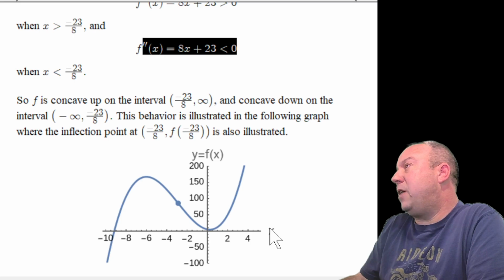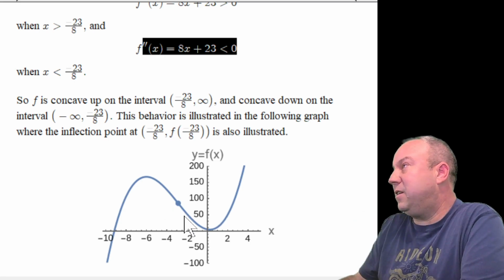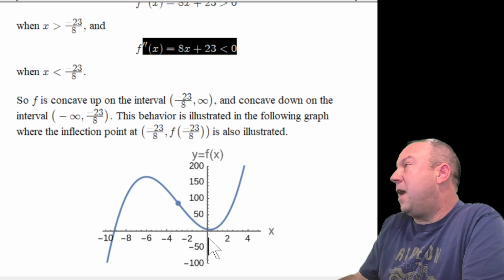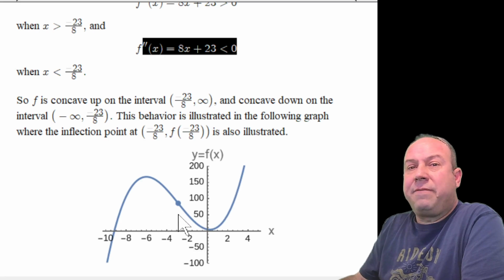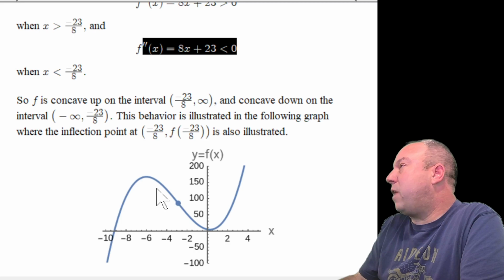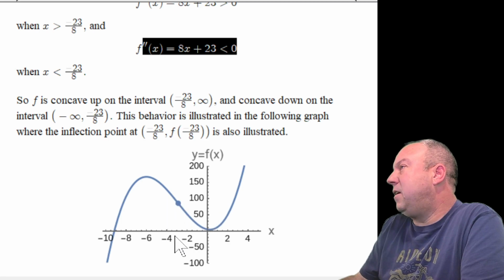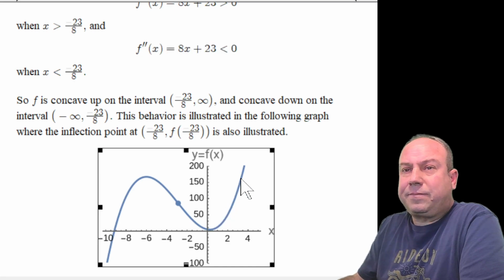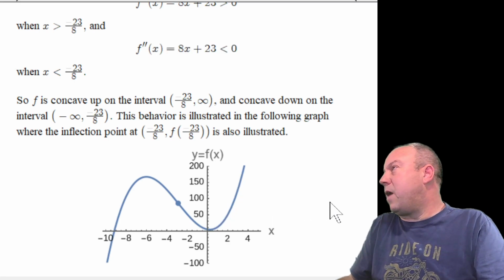So from that location to the right towards positive infinity, this graph is concave up. And that is what we see happening in this graph. This is what we call the inflection point in the graph. It's where the graph changes its concavity from concave down to opening up. And that's all illustrated here in this graph.